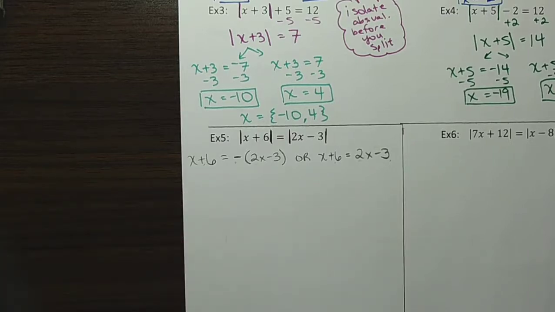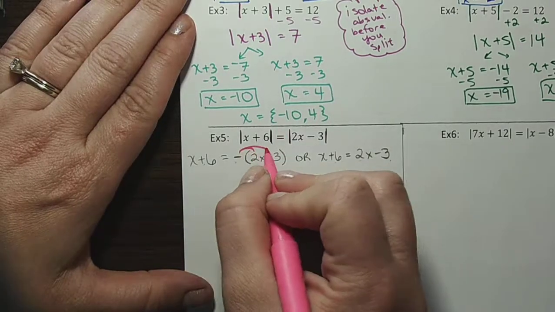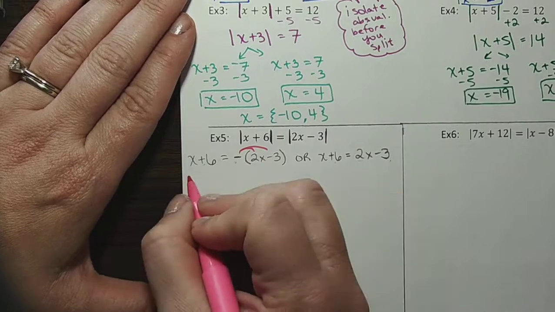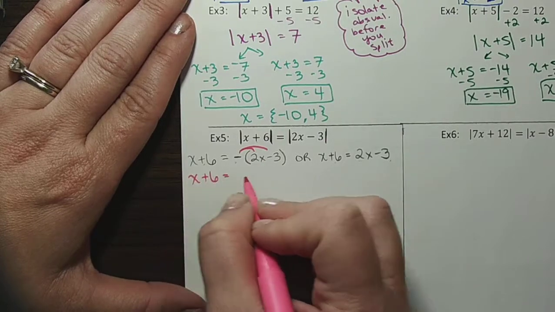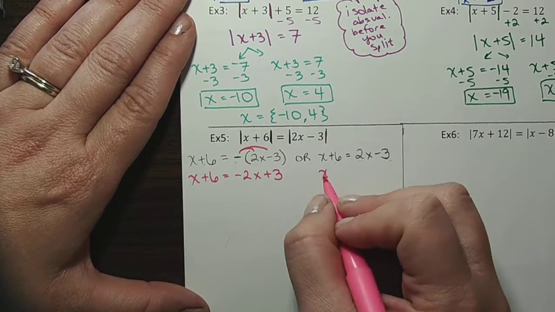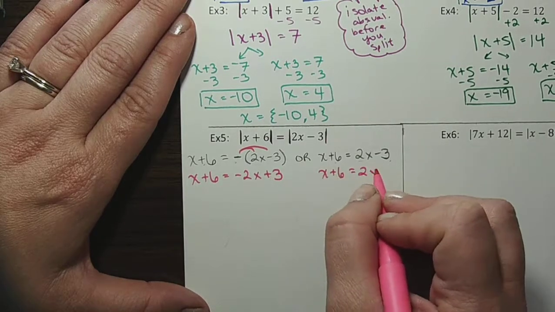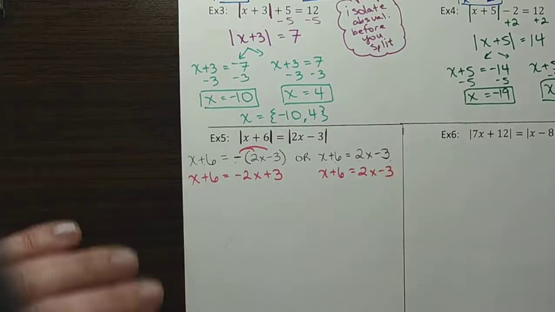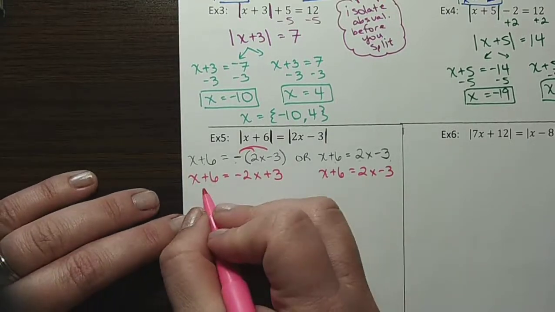Your brain loves patterns and it loves trying to figure it out for itself. So sometimes it does some extra switching and you don't want it to do that. So we're going to distribute that negative. That's the only reason these are going to change. We have x plus 6 equals negative 2x plus 3, or x plus 6 equals 2x minus 3. We're going to solve these separately.